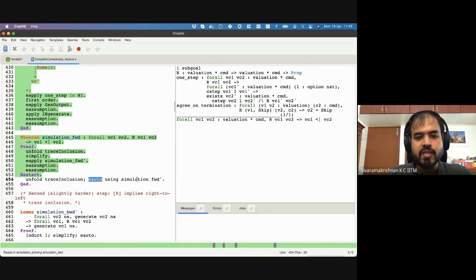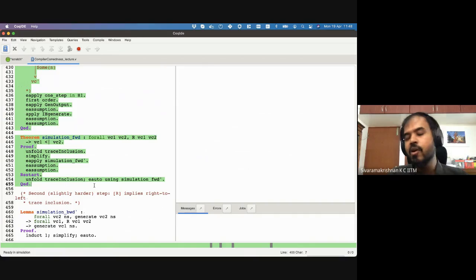So E-auto using simulation forward. It also tries simulation forward at some point, right? So that makes it go through. So what we've done is we've done the forward proof. Every trace that is generated by the left-hand side is also generated by the right-hand side, right?